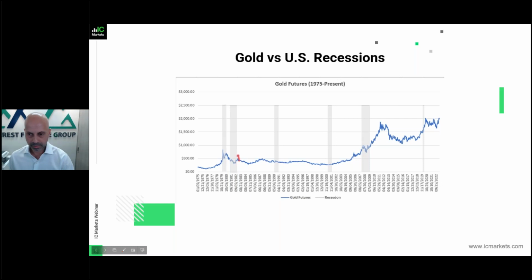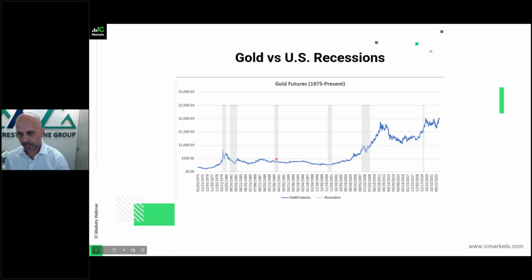So we are able to look at this chart and zoom in on the recessionary periods to see how the price of gold has actually performed in 1980 and 1982. Then moving on, we come to 1990, the recession in 1990, 1991, where gold, yes, did pick up.